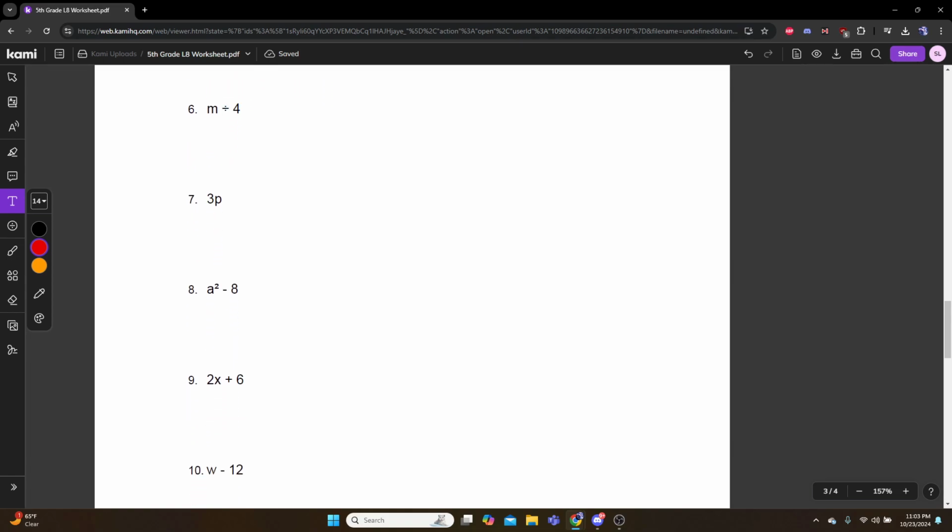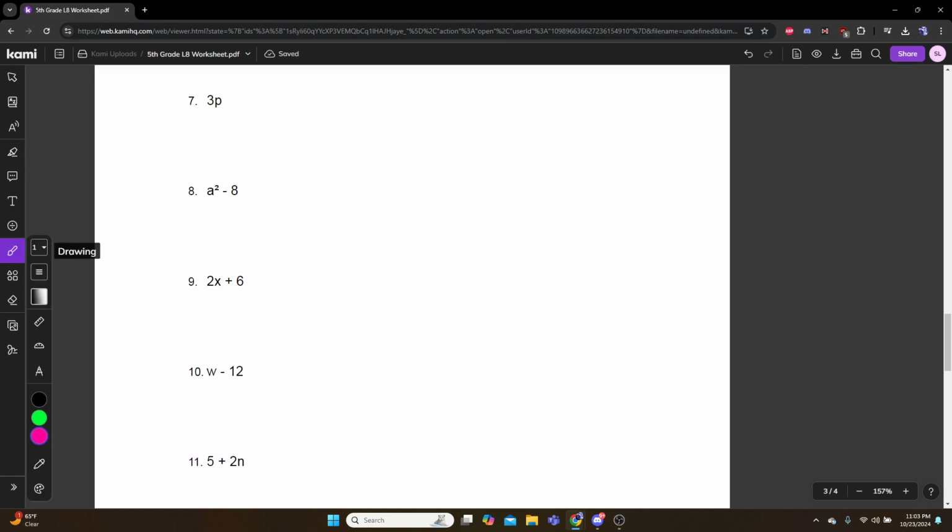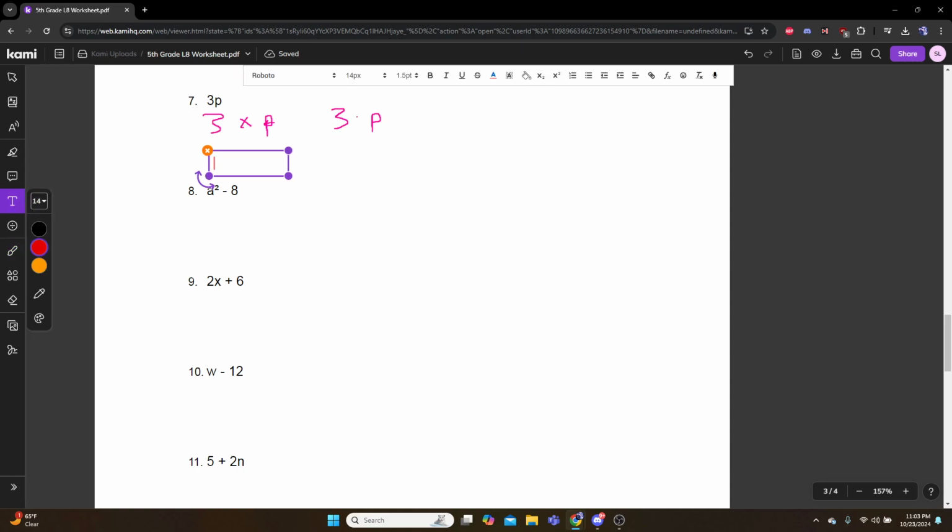Dividing means we would just say a number, which is m, divided by 4. And then 3p is equivalent to 3 times p. So we would just say the product of 3 and a number, which is p in this case.